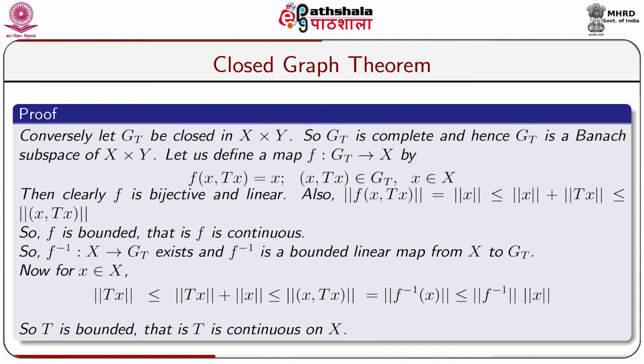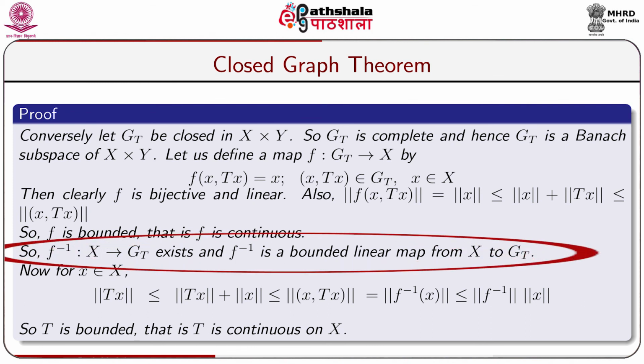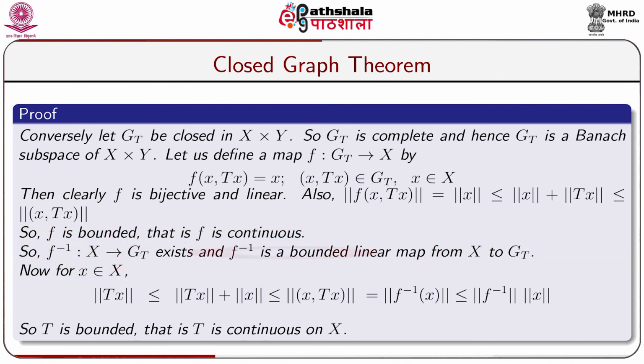So f is bounded, that is, f is continuous. We know that if a linear operator is bounded, then it is continuous and vice versa. So f inverse is a mapping from X to GT, f inverse exists, and f inverse is a bounded linear mapping from X to GT.